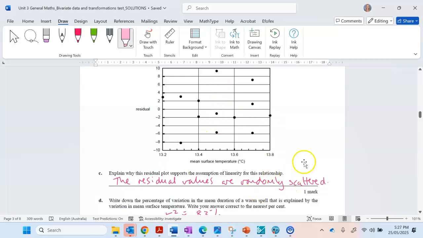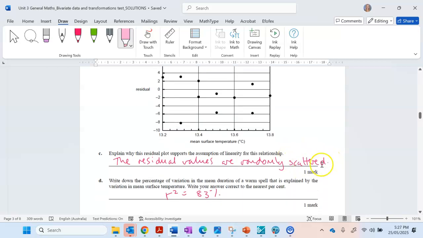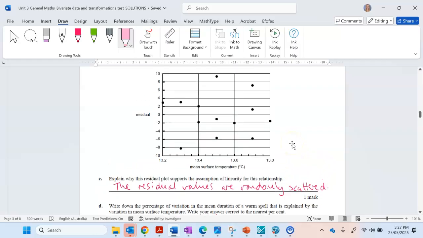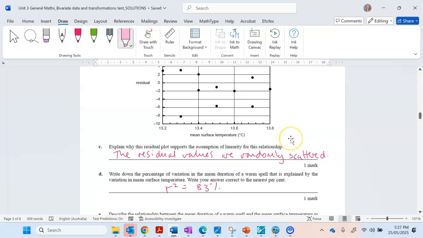But you could also say there's no clear pattern. I think because there's only one line, we don't have to go too far. The residual values are randomly scattered. That was given to you, so it should be in your notes, in your bound book. So when a residual plot looks like that, what does it mean? How do we interpret that?